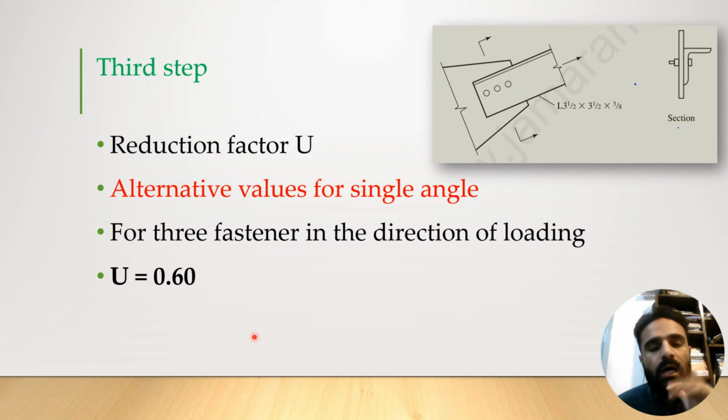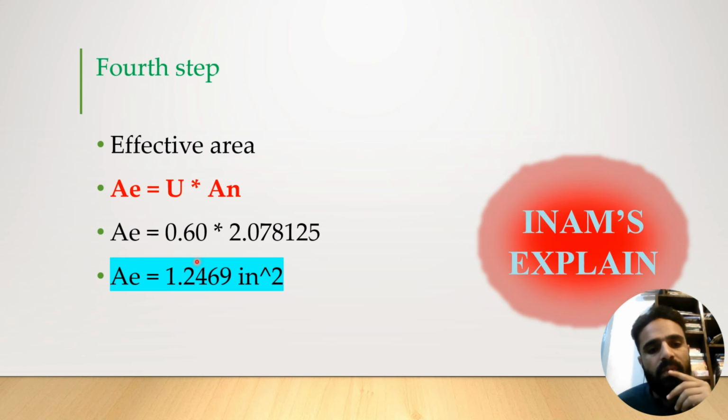So now we have found the value of U and the net area. Now we just multiply the value of U and the net area to get the effective area. The fourth step is the last step: the effective area is the product of the shear lag reduction factor times the net area in the case of a bolted connection. In the case of a welded connection, in place of the net area we use the gross area.